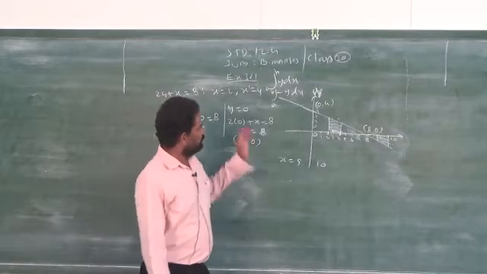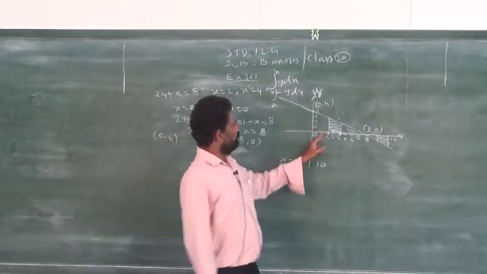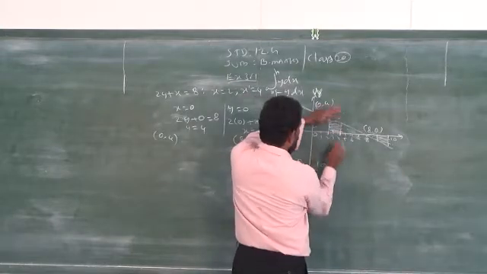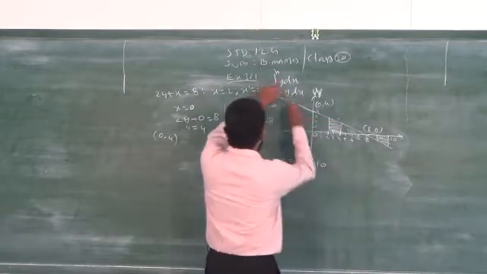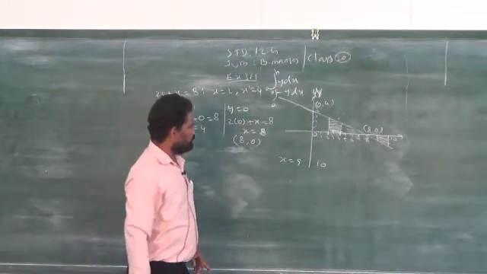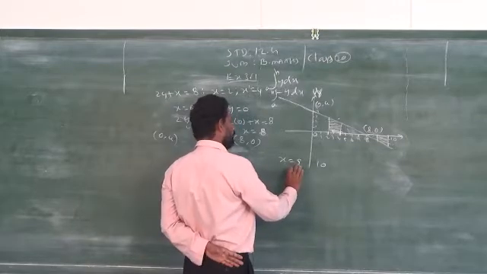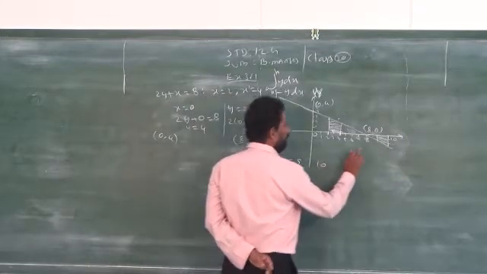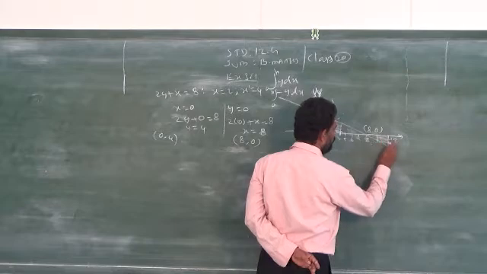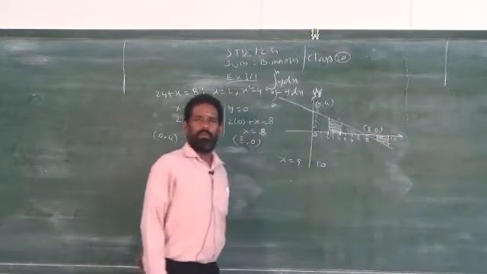Not clear? So here you are asked to find the area between 2 and 4. When I plot this, I get that the area is above the x axis, so I am taking the first formula. The same question, when you are asked to find the area between the limits 9 and 10: where will 9 and 10 come? 9, this is 10. So it will come below the x axis.